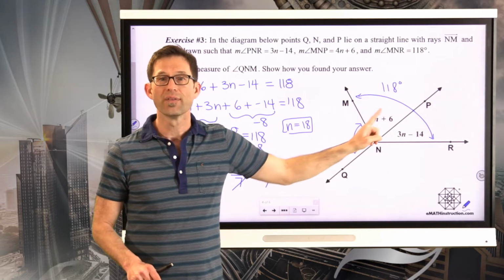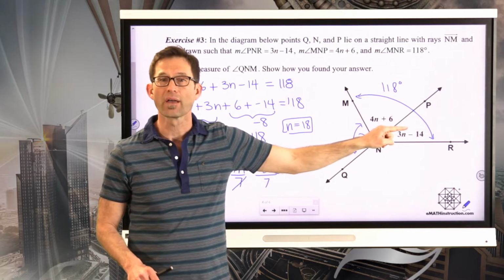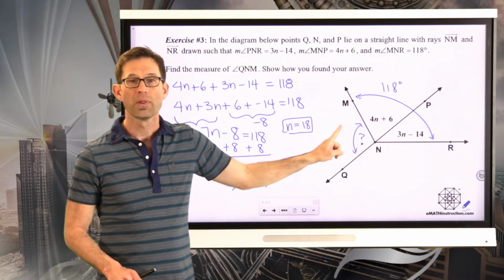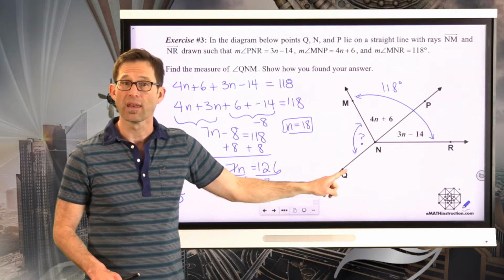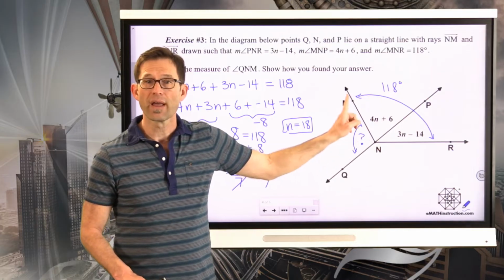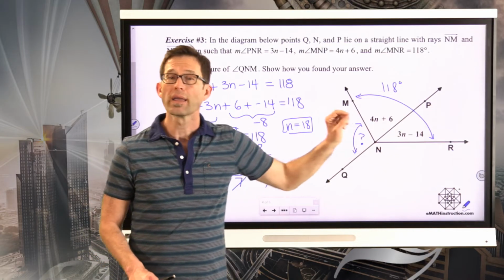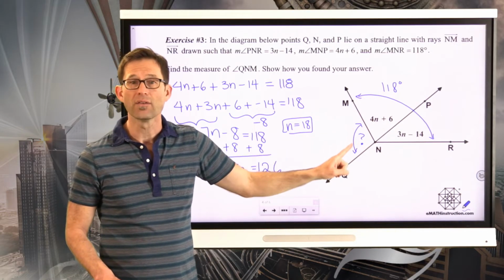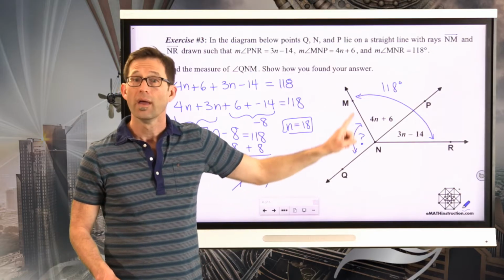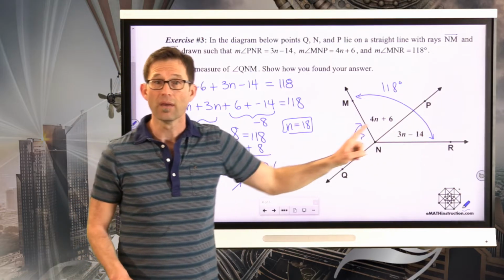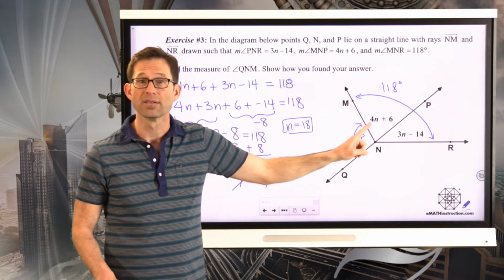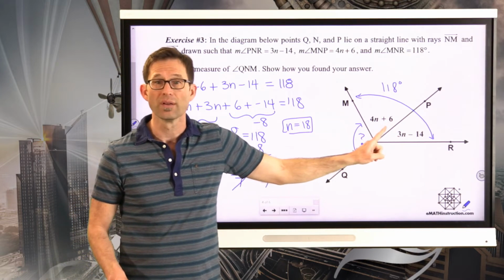Now, why would I find this angle? Well, I would find this angle because this angle plus this angle is 180. So if I know the measure of angle MNP, I can just subtract it from 180 to find the one that I'm looking for. Now, to find the measure of angle MNP, I need to take my 18 and substitute it into 4n plus 6.